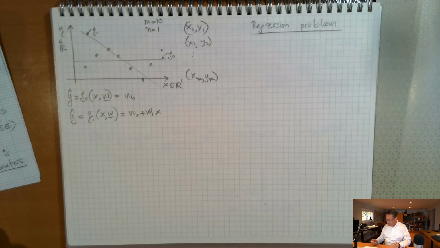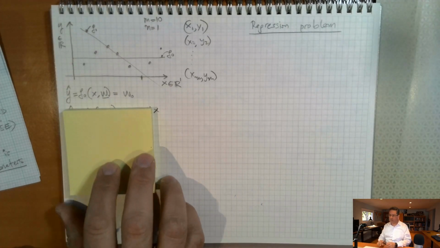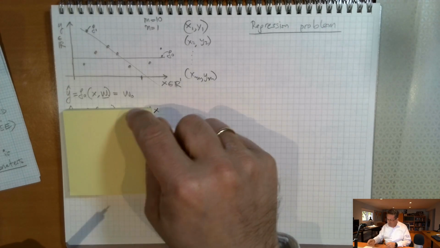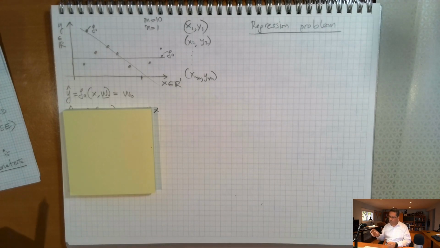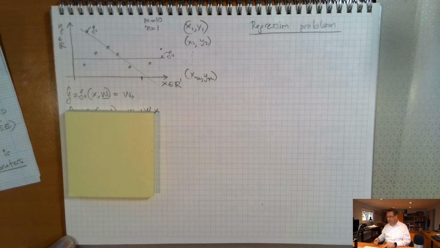So the hypotheses that we have up to now, I hope you realize, are an infinite set of lines we can generate. Even just staying in the first hypothesis, by varying w0, which is the only knob we have, we can plot an infinite number of lines parallel to the x-axis.